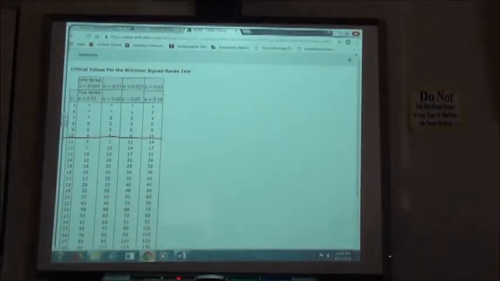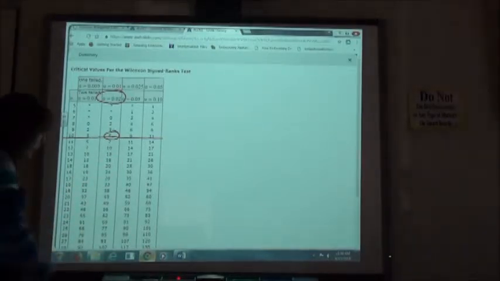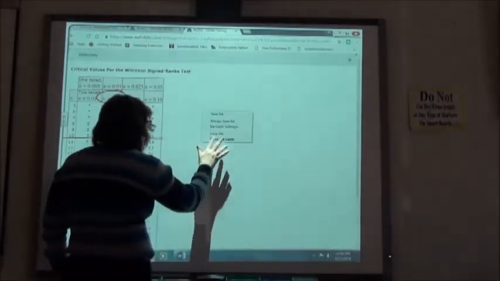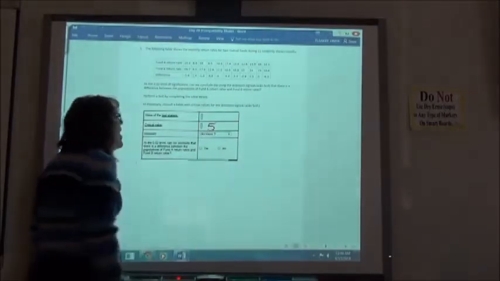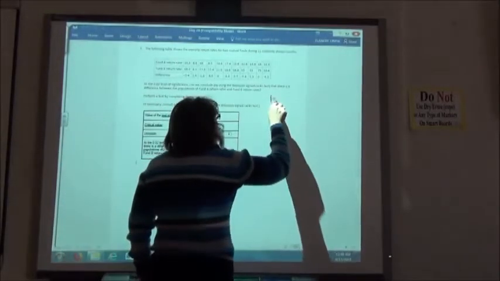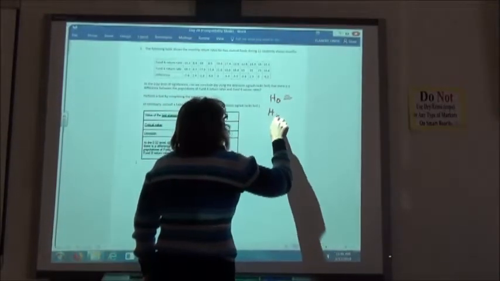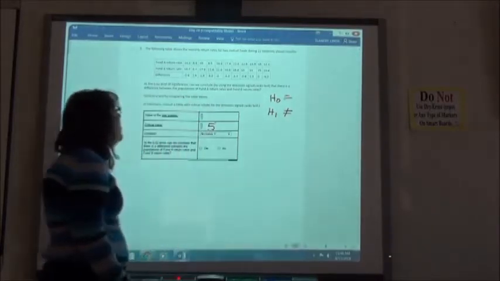I am using a 0.02 level of significance on a two-tailed test. So my critical value there says it's going to be 5. So going back to my problem, my critical value is 5. We said our null was equal, our alternative not equal.